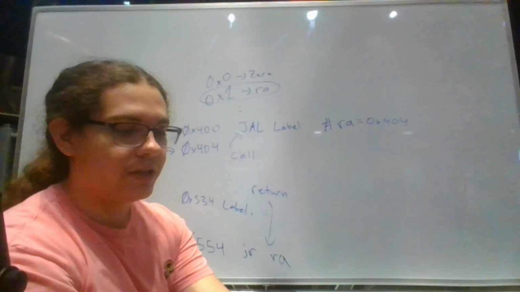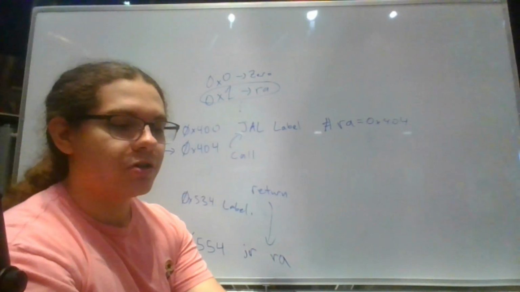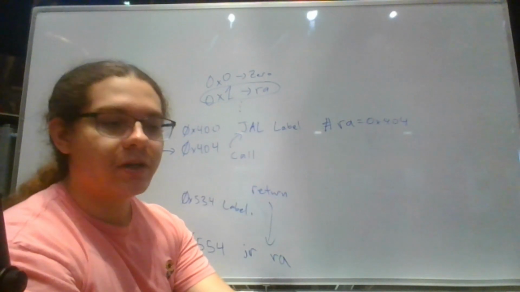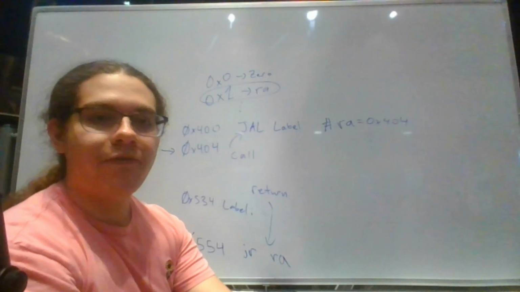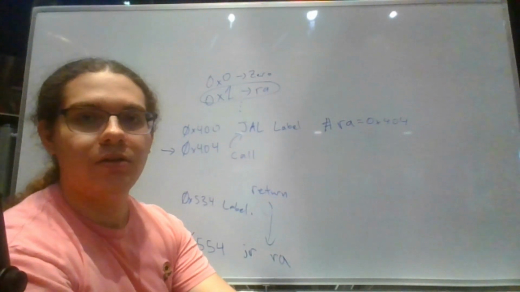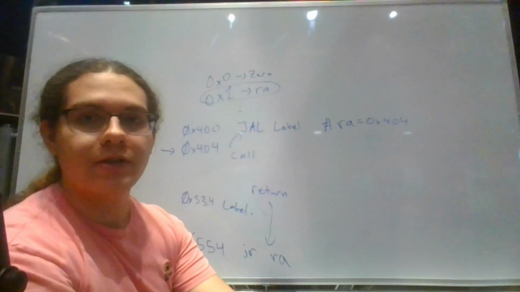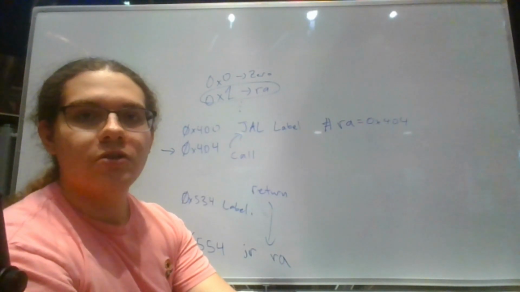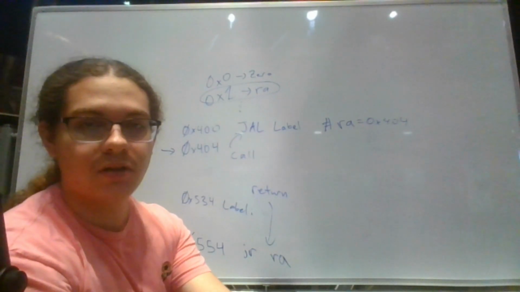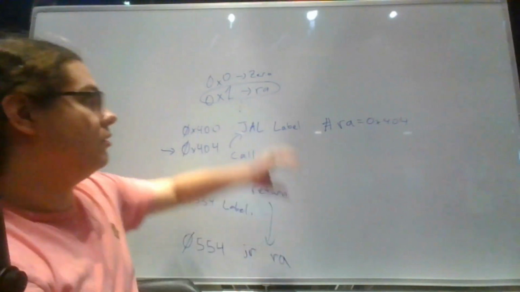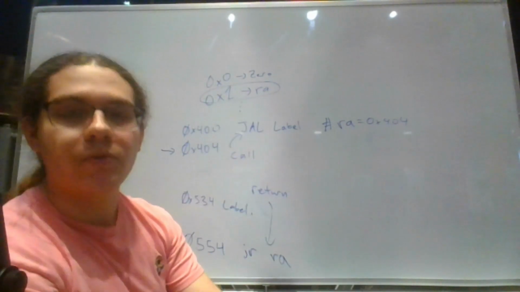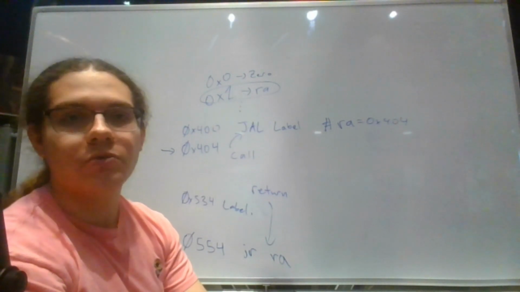So the standard is you use the A registers to be arguments for function calls. You use S registers if you don't want function calls to mess up something in that register, because when you do a function call, in that function, it's going to use registers. So if it uses an S register, it has to restore that value that was in there before the function call, in order for the caller to retain whatever was in the saved register, S0 or S1 or S2.